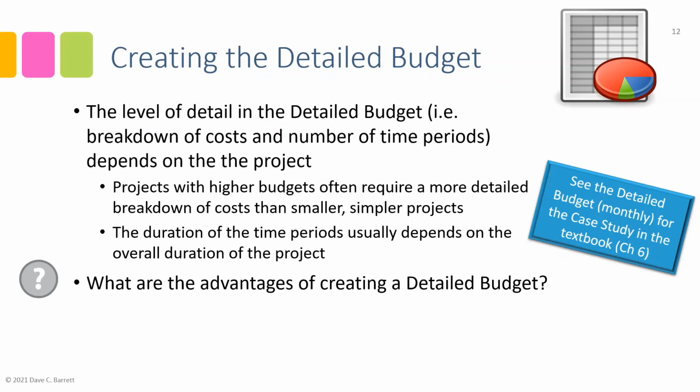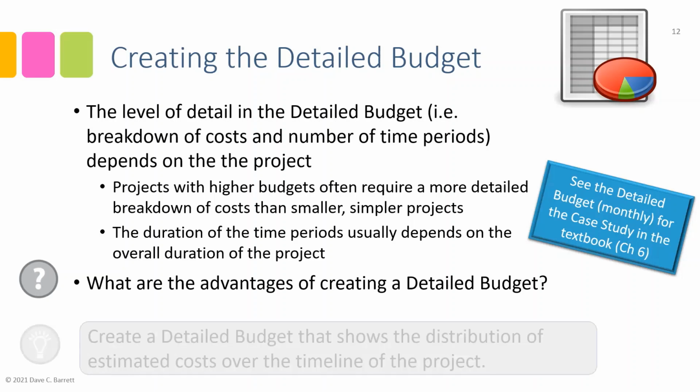If we don't have a detailed budget, if we don't know the expected timing of our costs, it is very difficult to know how we're doing, because otherwise you'll just be in the executing phase and you'll have spent some amount of money and you won't know if that's good or bad. Are we ahead or behind? A detailed budget allows you to manage your budget much more effectively. So that's one key advantage, but check the textbook for more information about that.